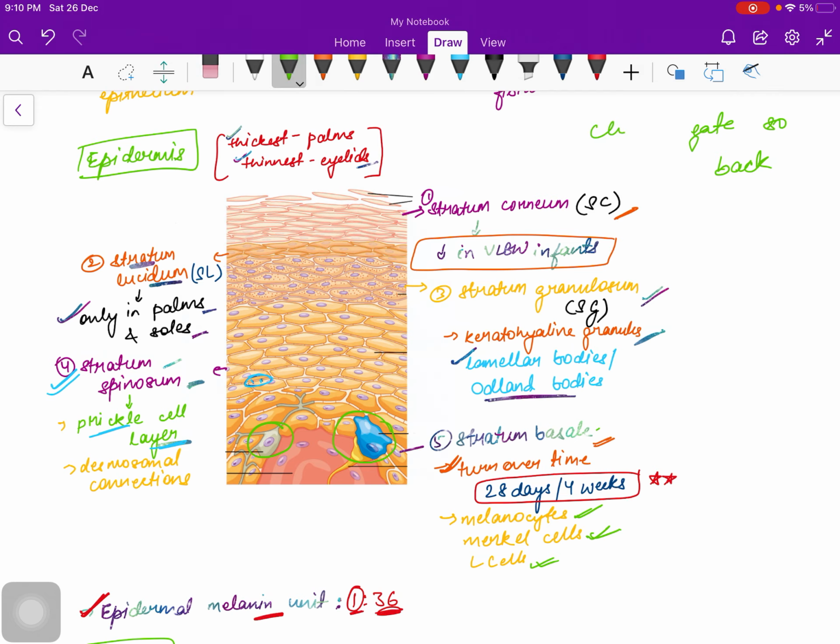Closed gate, so used to come back. So just remember that corneum, lucidum, granulosum, spinosum and basal, this is the sequence from upwards to downwards.